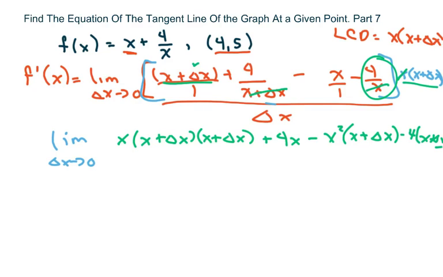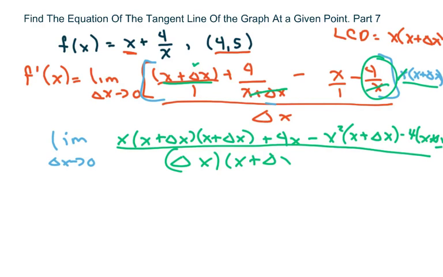All right, now, this is all over now. If I multiply the numerator by this, I also have to multiply the denominator, so we have delta x times x plus delta x times my x, this x here.